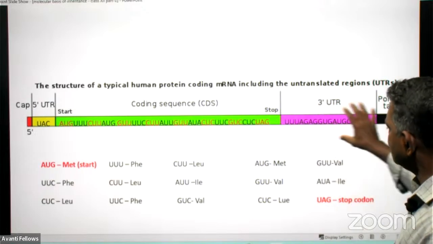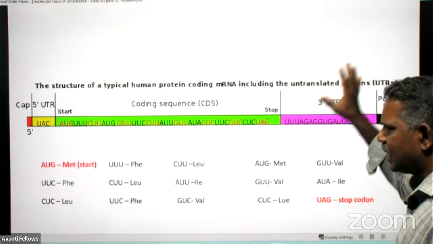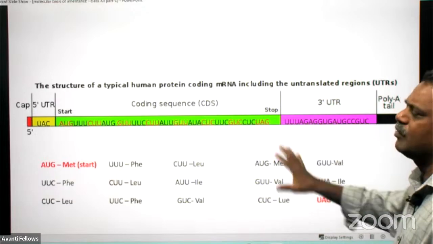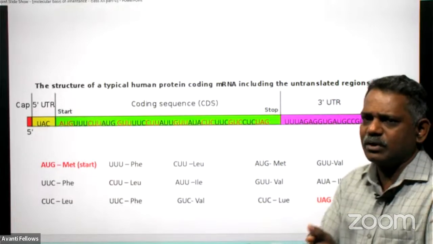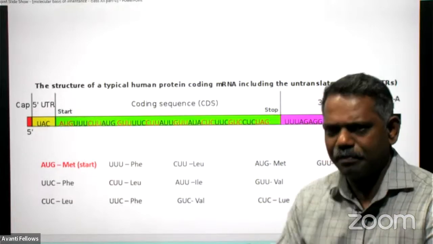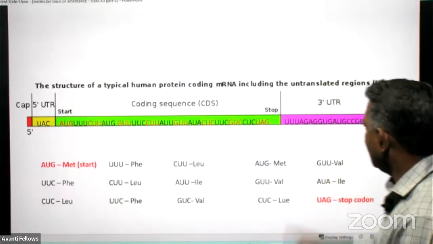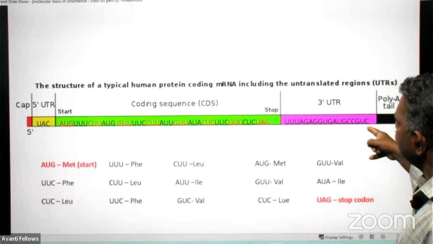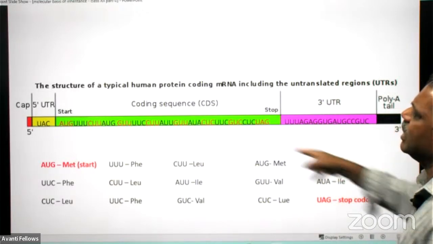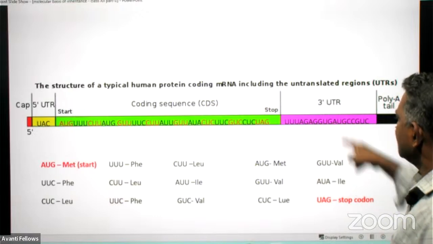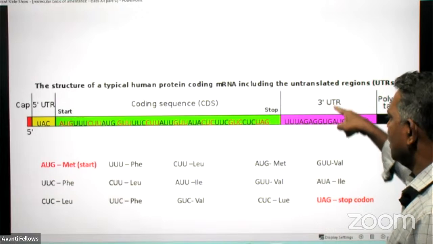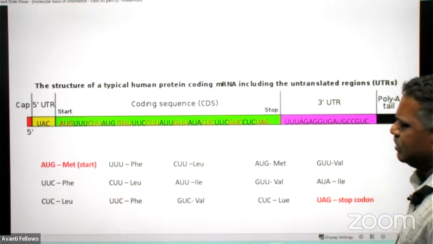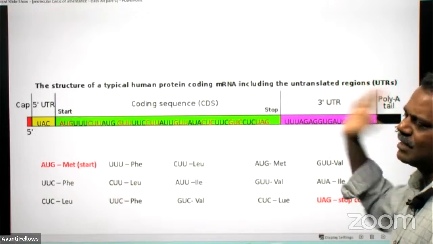These nitrogenous bases do not work as triplet codons and never code for any other amino acid, because the real process of protein synthesis stops there. And this nitrogenous base sequence present in the 3' end of this mRNA is called what? The 3' UTR. What is UTR? Untranslated region. This region also never gets translated.